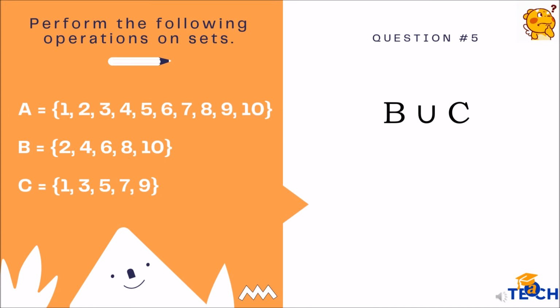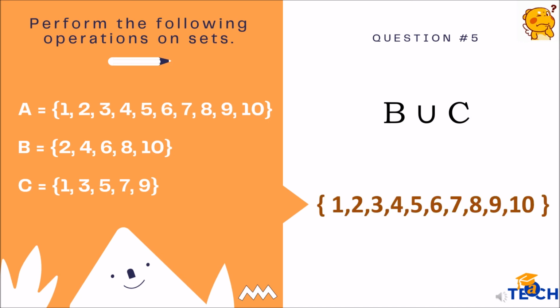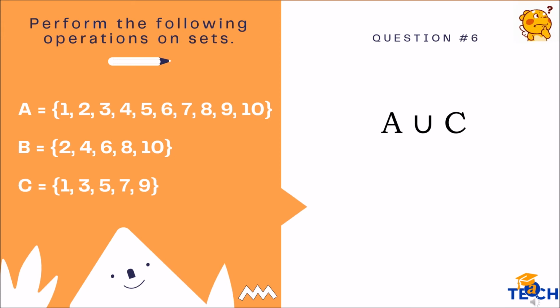We're halfway there. Let's go to question number 5. What is the union of set B and set C? Okay, we have numbers 1, 2, 3, 4, 5, 6, 7, 8, 9, and 10. We simply combine both sets or both elements in set B and in set C. Question 6.